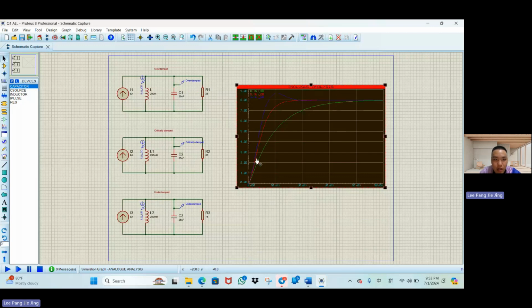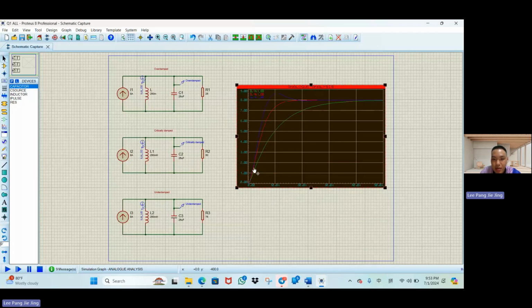For the critically damped, which is the red line, it has no oscillation and reaches the steady state of 8 ampere. The last one is the overdamped, which is the green line. It also has no oscillation and reaches the steady state.